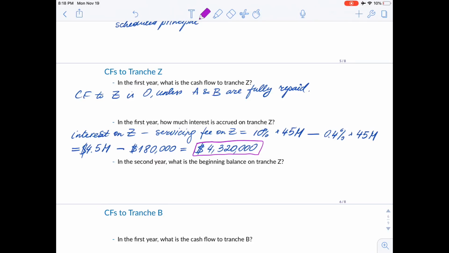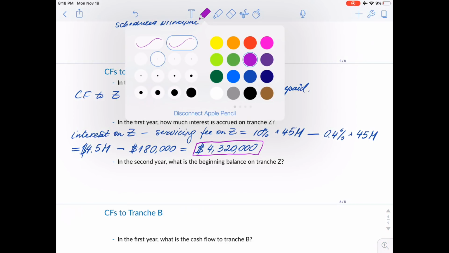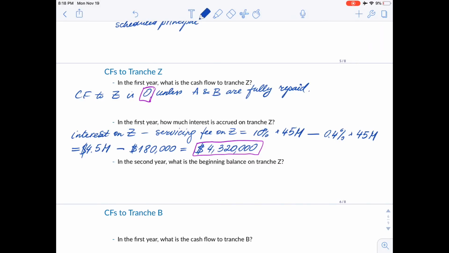All right. In the second year, what is the beginning balance on tranche Z? The beginning balance in tranche Z is going to be the previous balance plus the interest accrued. So it's going to be $45 million plus 4,320,000.